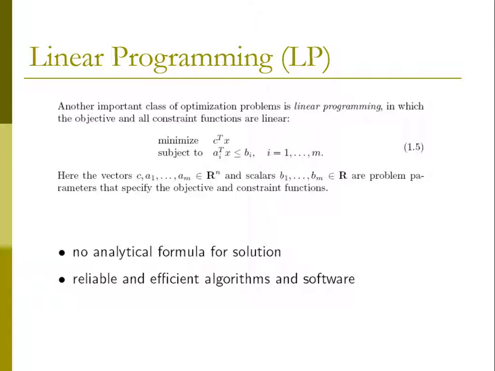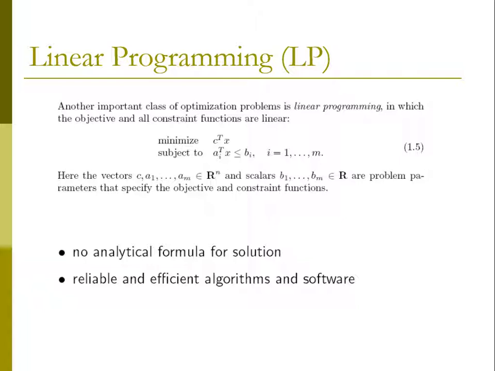Another important class of optimization problems is linear programs. We notice that the difference between linear programs and least squares is that the objective and all constraint functions are linear. Here, you can see that the vector c and a1 to am are real n-vectors, and the scalars b1 to bm are real numbers, which are problem parameters.